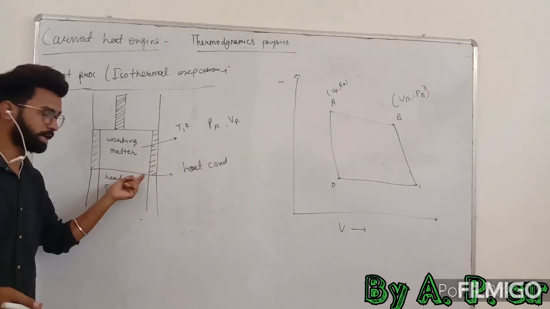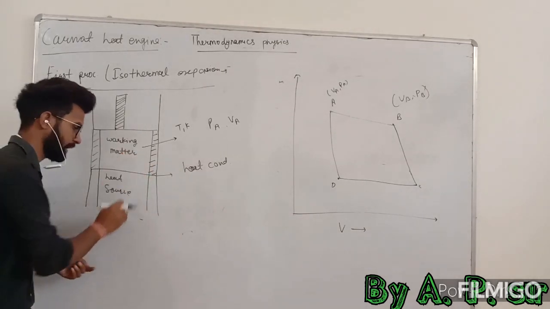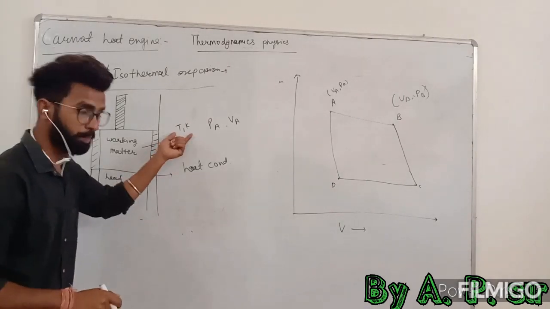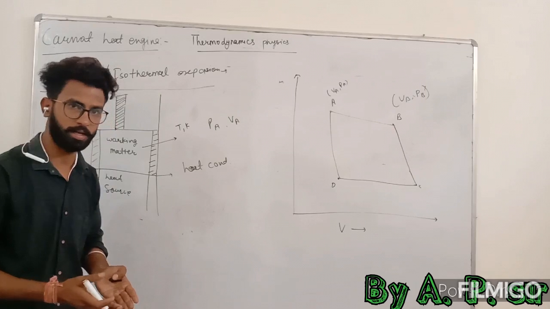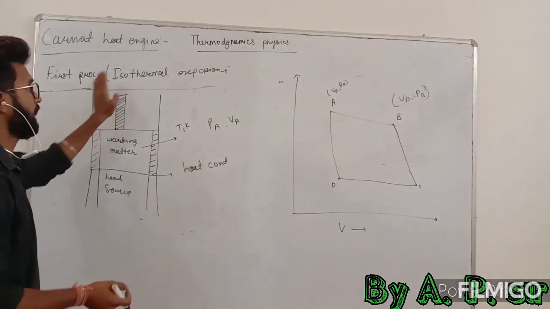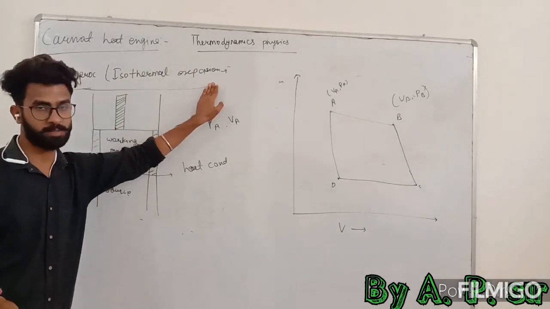Due to the heat conducting wall, the working material absorbs heat from the heat source and the temperature stays constant. So this process is called isothermal expansion.